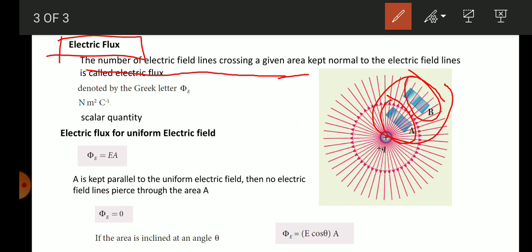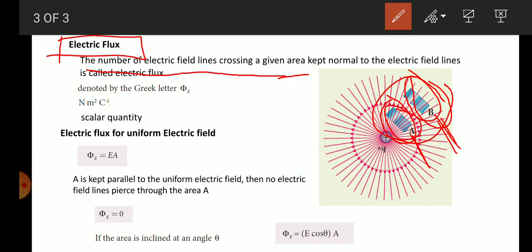Then in A, if you count exactly, 1, 2, 3, 4, 5, 6, 7, 8, 9, 10. Ten lines are crossing. So more electric lines are crossing at A and fewer electric lines are crossing at B. That means more electric flux will be there at A and less electric flux will be there at B. So that is called electric flux.